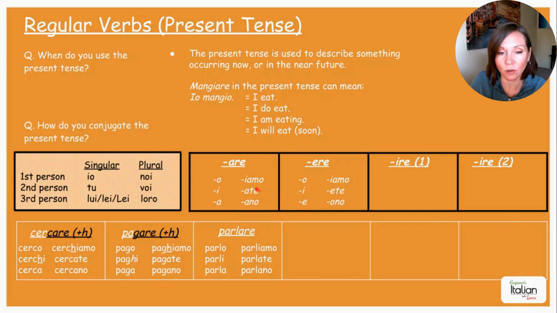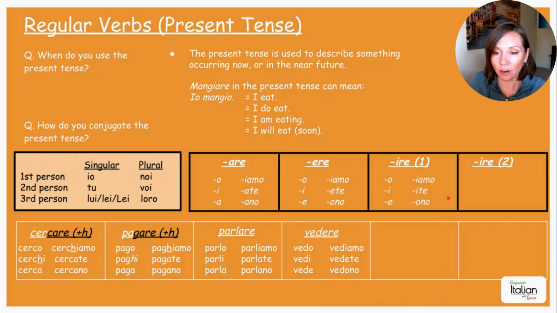Those are the only ones that are different. The o, i, and iamo stay the same, no matter if it's an ARE or ERE verb. So for example, we have vedere, which is to see. Vedo, vedi, vede, vediamo, vedete, vedono.